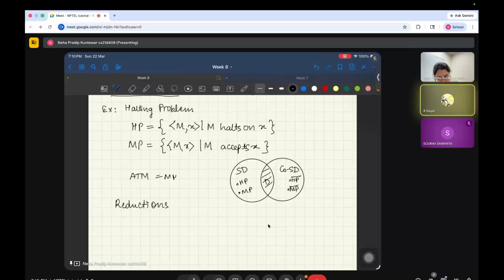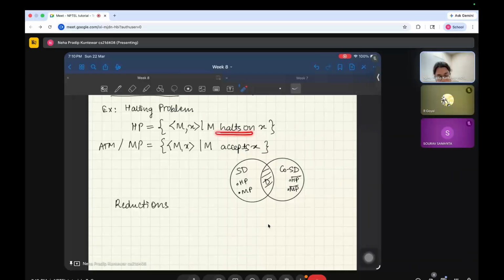So are they the same? Instead of MP, probably the name is ATM. So what's the difference between these two problems, HP and ATM? There can be machines in this set but not in this set, because it is possible that m rejects x, and therefore it halts on x.